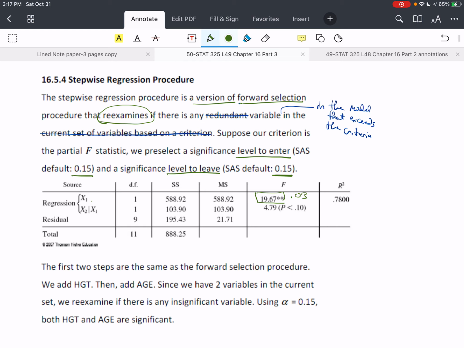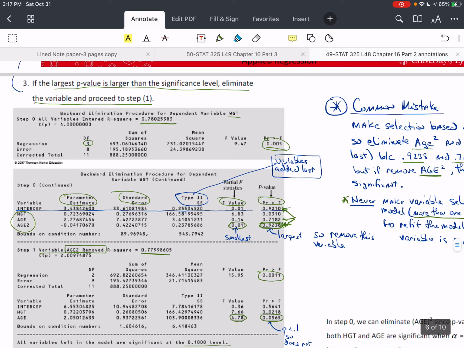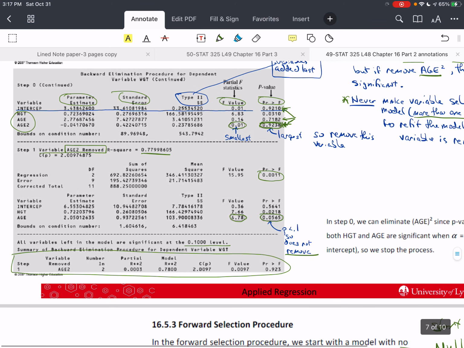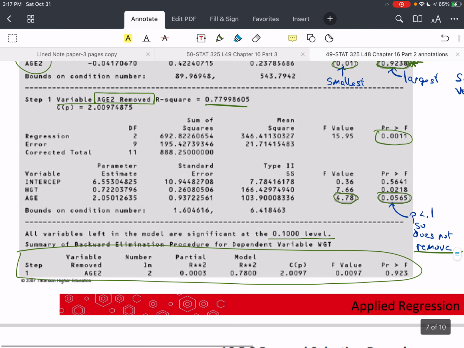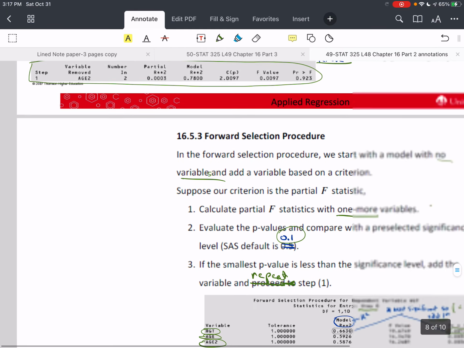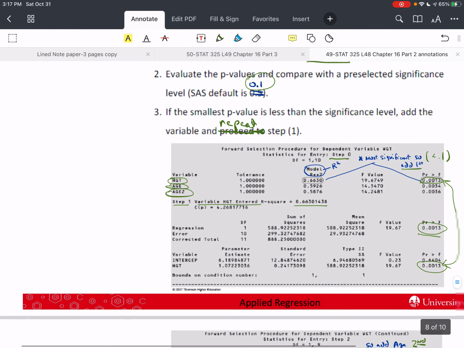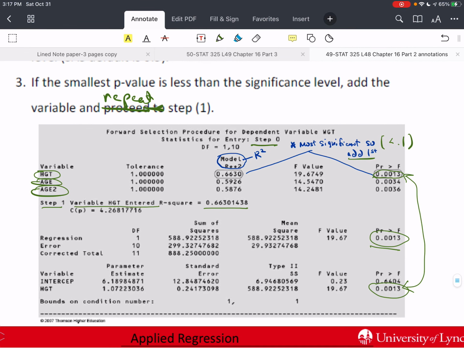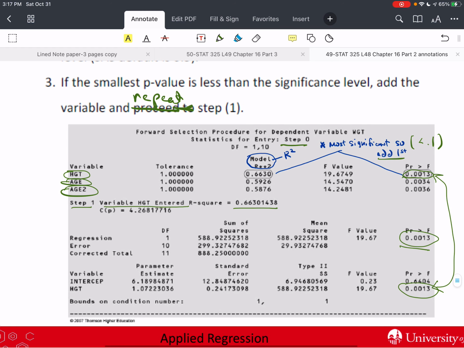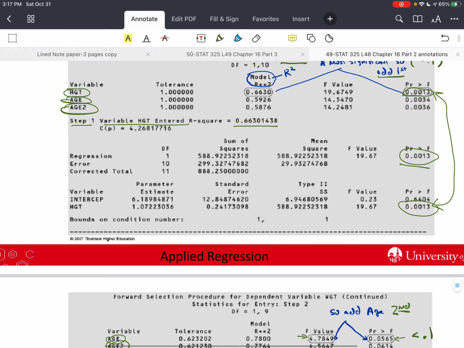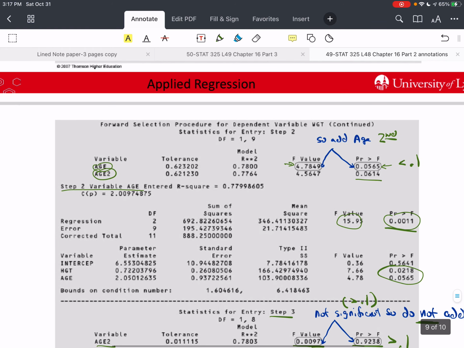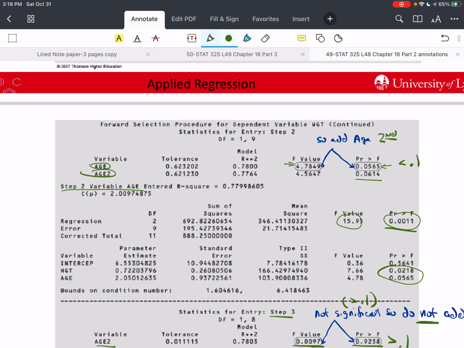And now we look at step 2. Let's see if I can find it. So step 1H, okay, so step 2, here we go. We're going to look at adding age and age squared into the model.